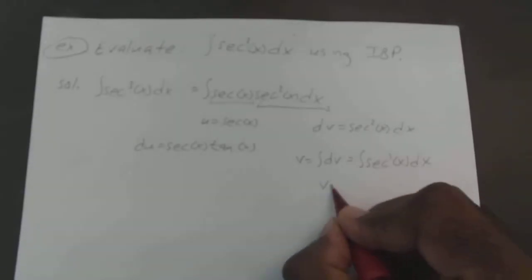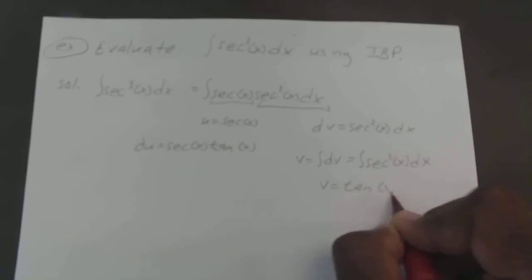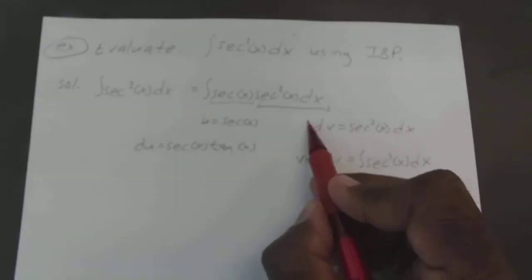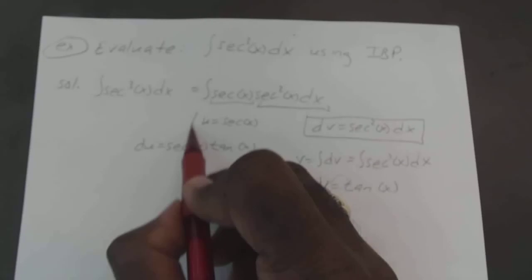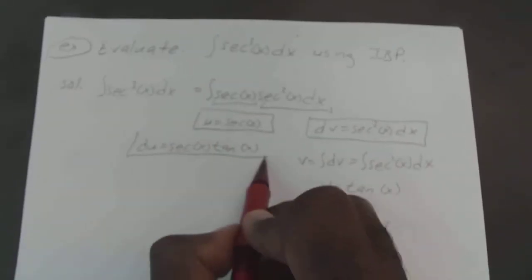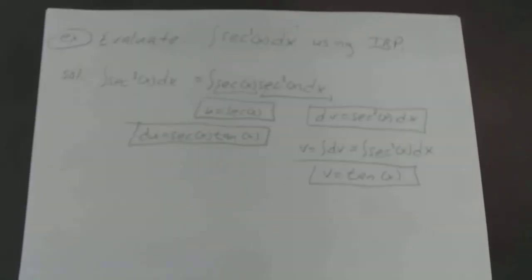Okay. So our v is going to equal tangent x. Okay, so we have our dv, we have our u, we have our du, and we have our v. Okay, so now you just plug everything in.